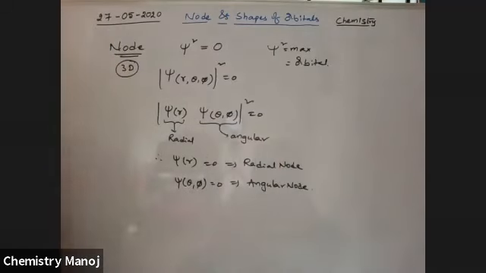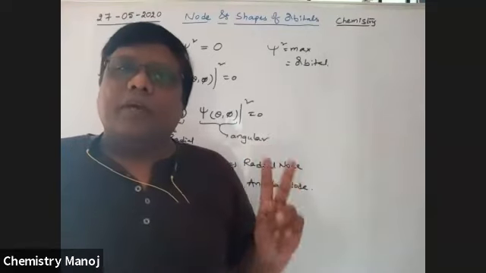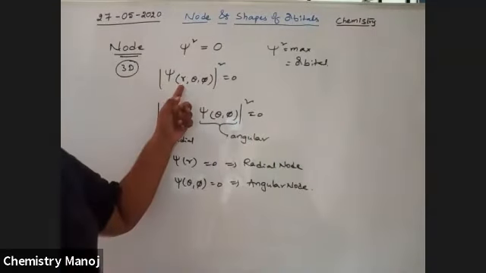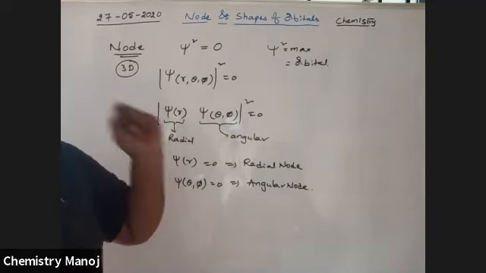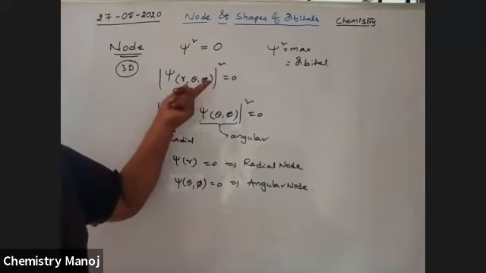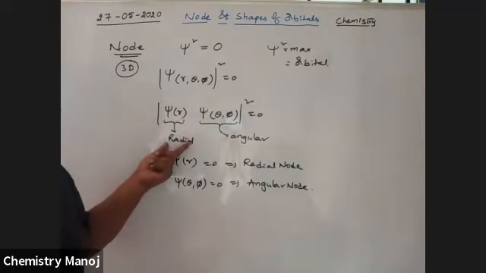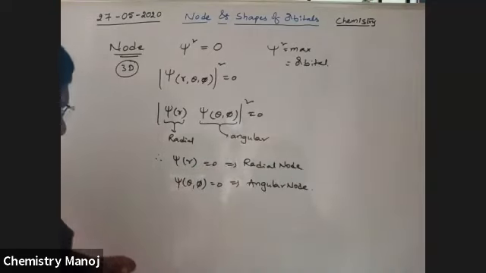That means every orbital has two parts, radial part and angular part. That is psi in terms of polar coordinates r, theta, and phi, which I already told yesterday. So if psi r is equal to zero, that is the radial part, and the corresponding node is called a radial node.